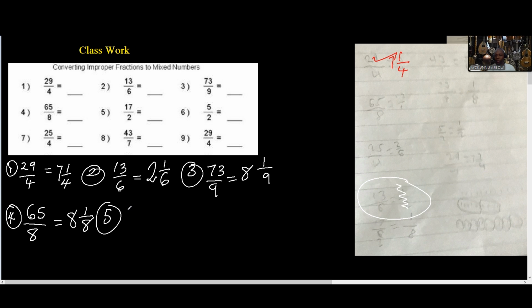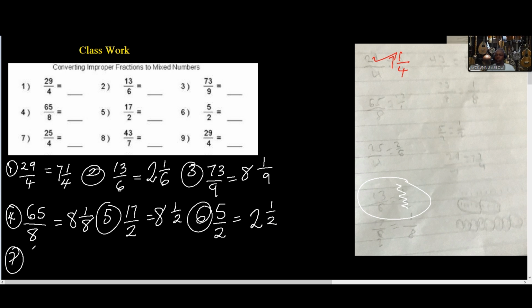Then number 5. How many 2s are in 17? That's 8, because 2 times 8 is 16, okay? Then remain 1 over 2. Number 6. How many 2s are in 5? That's 2. Remain 1 over 2. Number 7, 25 over 4.